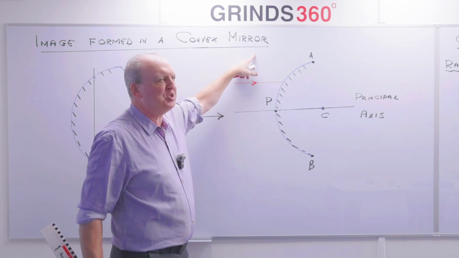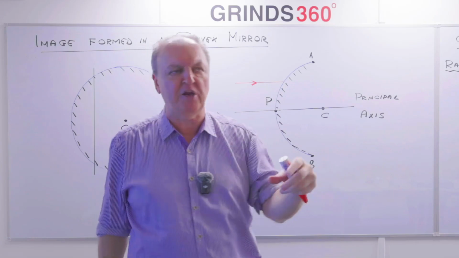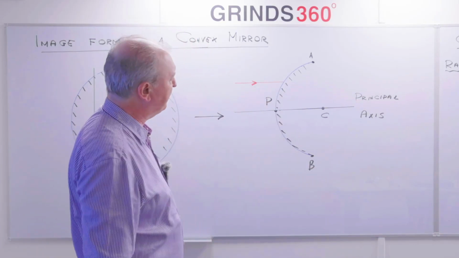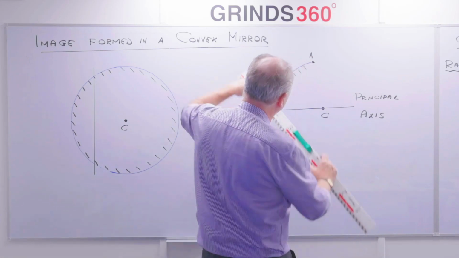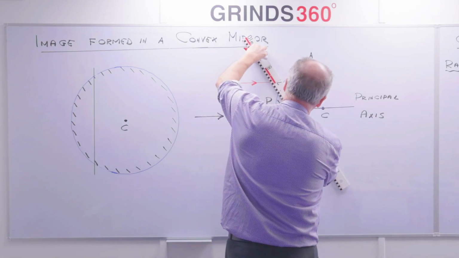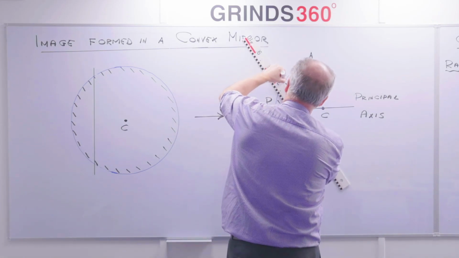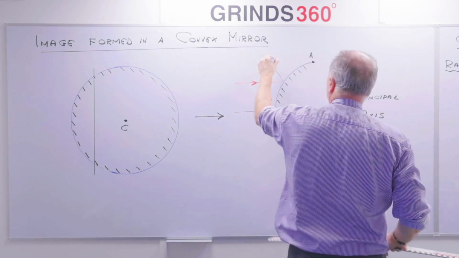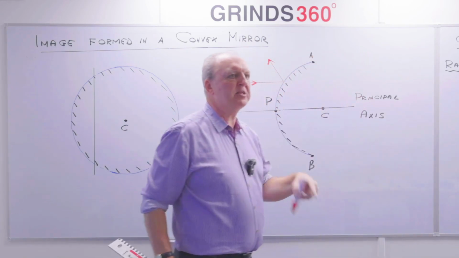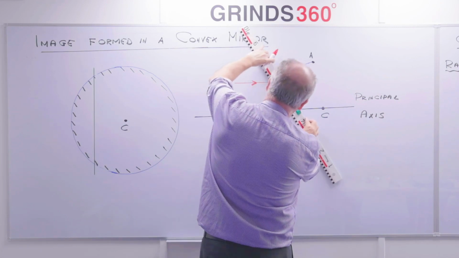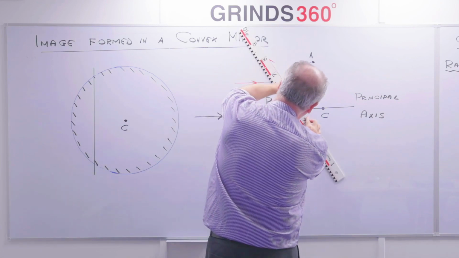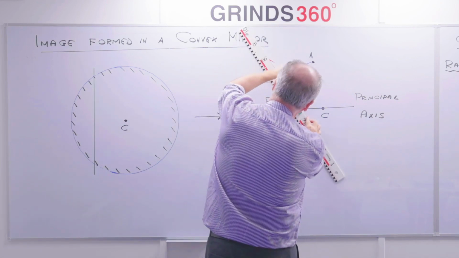But it doesn't bounce up in any old way. If you do your calculations by working out the angle of incidence and the angle of reflection, which I'm not going to do here, as I did for the concave mirror, it bounces up as if it came from a point, and that point is called the focus. So there's the ray of light bouncing up. You're going to work that line backwards.